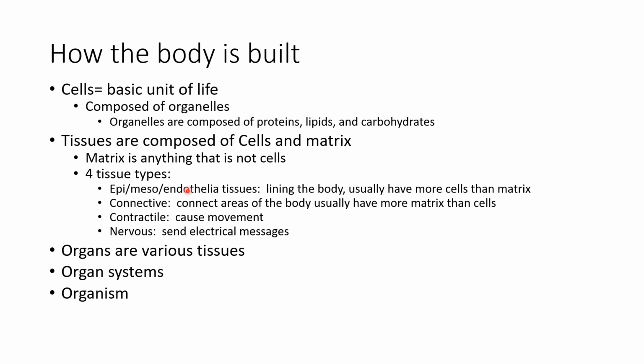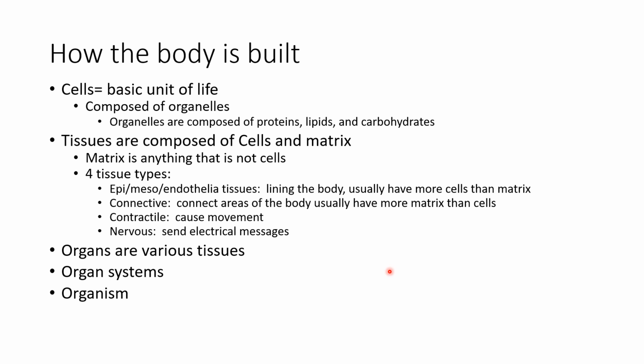Now, usually epithelial, endothelium, and mesothelium will line the body and usually has a bit more cells than matrix. It usually has cells in a certain area, and the matrix really is a thin layer of proteins that hold it in place, called the basement membrane a lot of times.